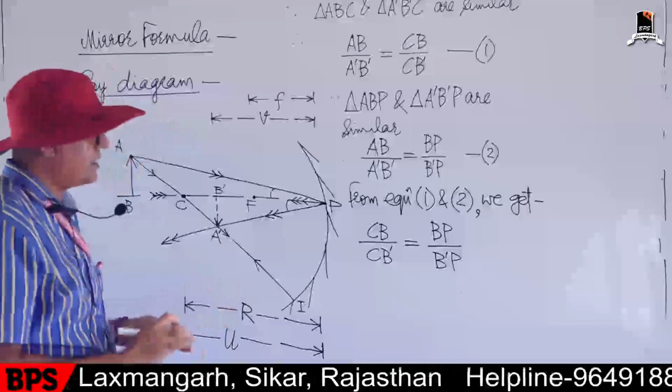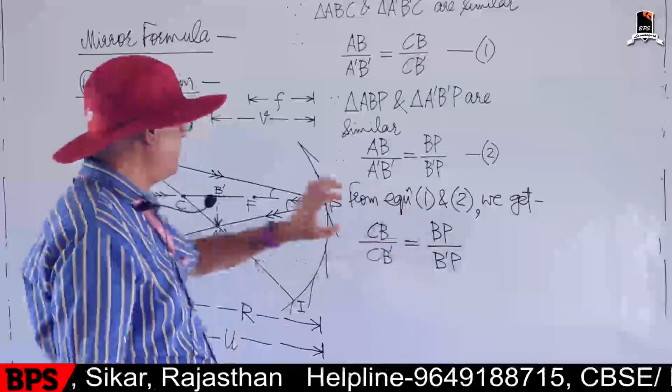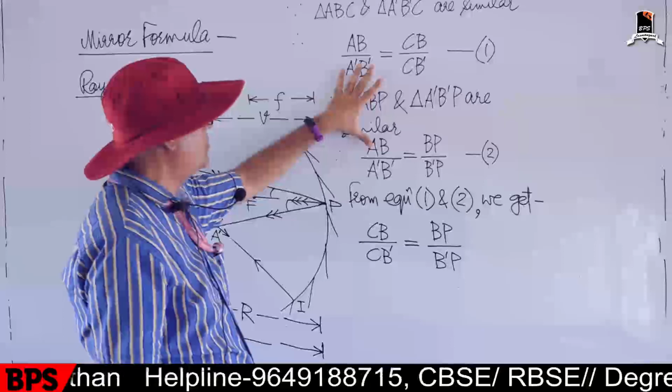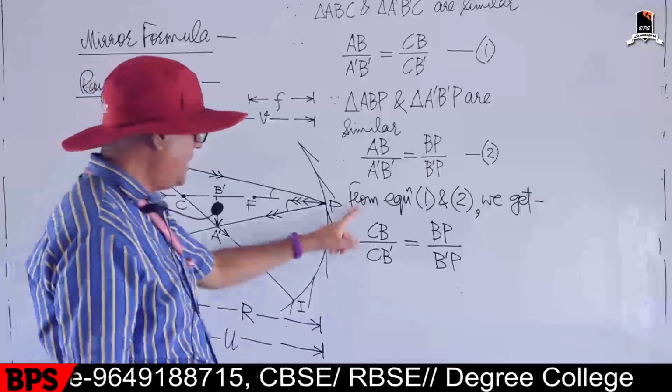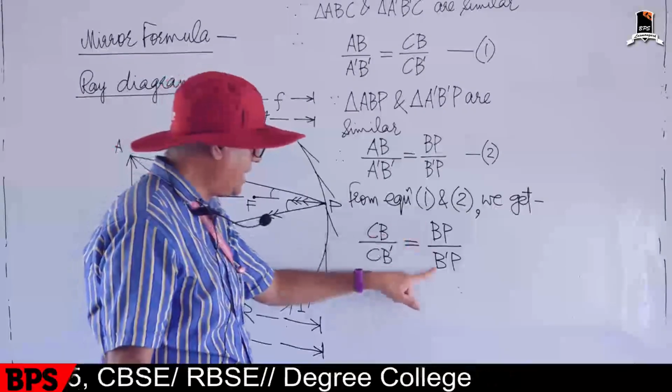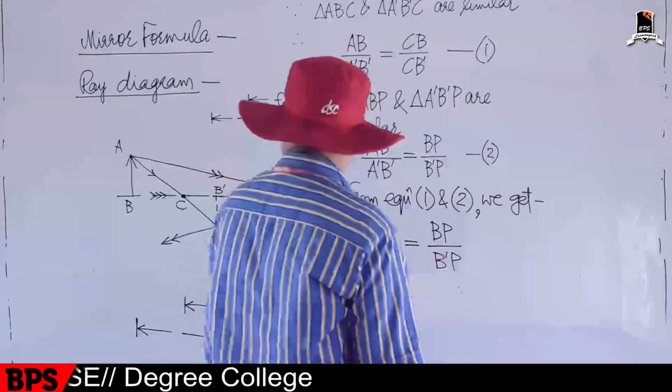Now this is our equation by comparison of these two equations: CB by CB dash equals BP by B dash P.